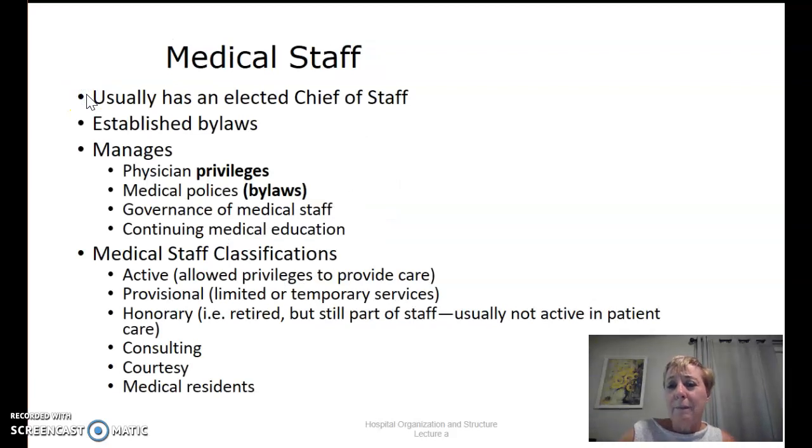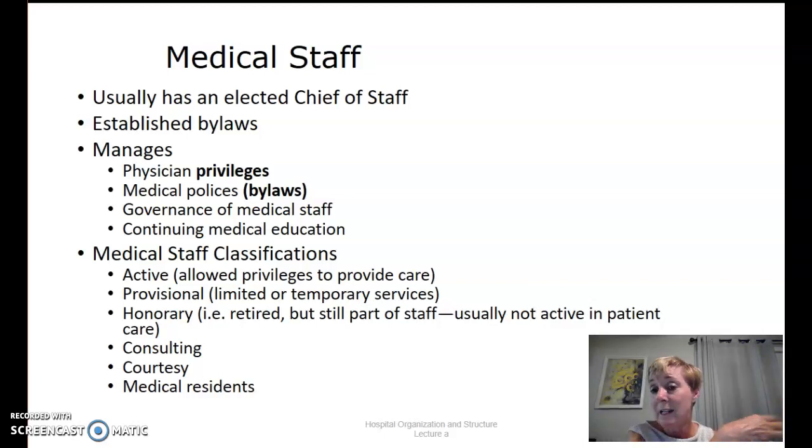First, the medical staff. Your medical staff usually has an elected chief of staff. The job of the medical staff is to get bylaws established, but they manage physician privileges. Now, what they mean by privileges, in order for a physician to practice at a hospital or a healthcare organization, they have to be granted privileges to perform care there.